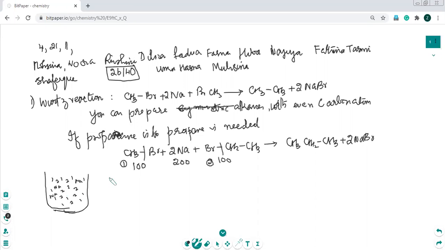So what 3 things can happen? One is this possible reaction. The second is you can have CH3Br plus 2Na plus CH3Br. Two same molecules of this can combine and give you CH3CH3. So this is going to be an additional product. You get ethane.